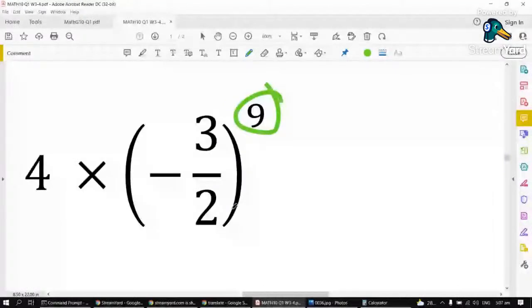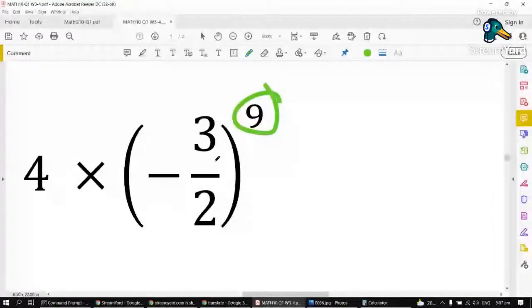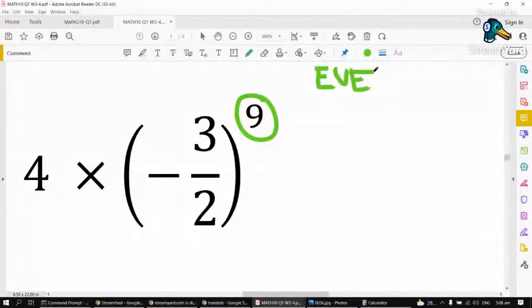So, kapag ang number sa loob is negative, ang exponent natin ay pwedeng even or pwedeng odd.